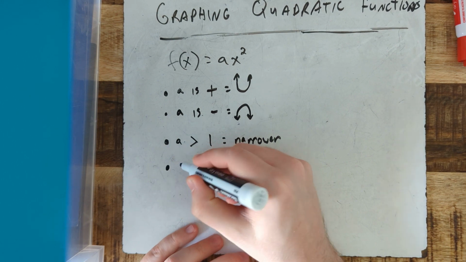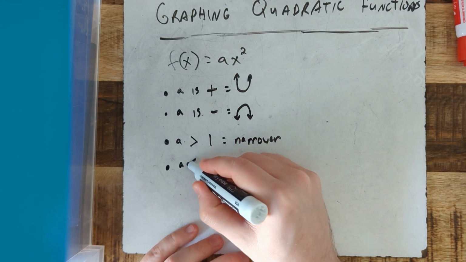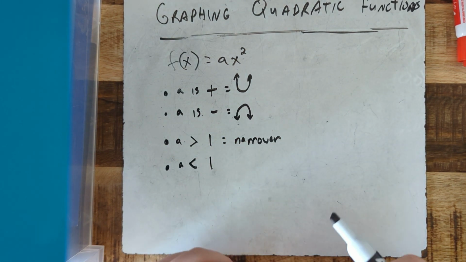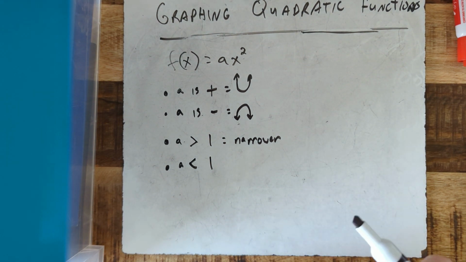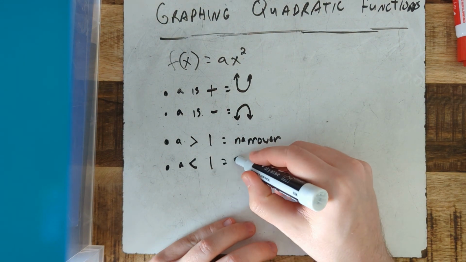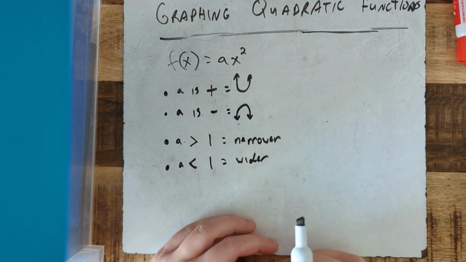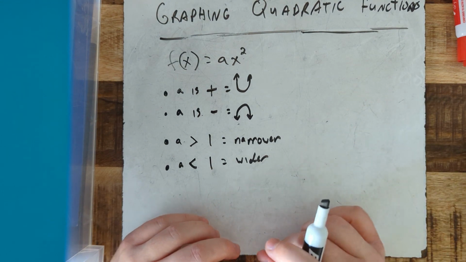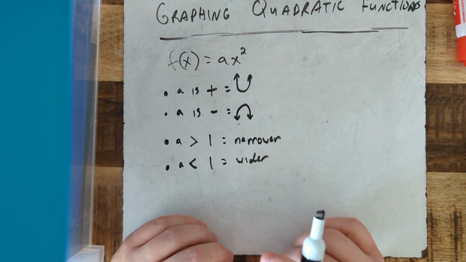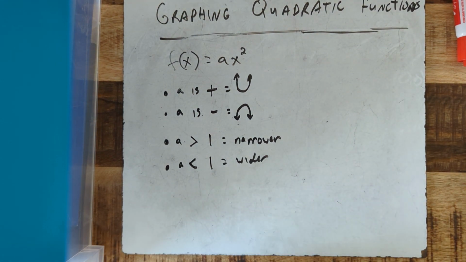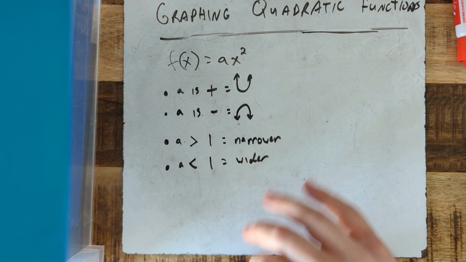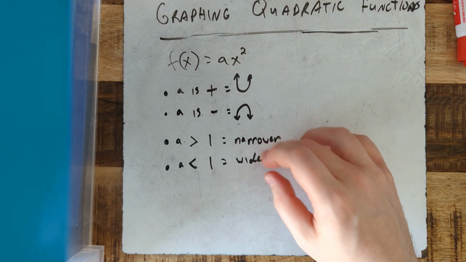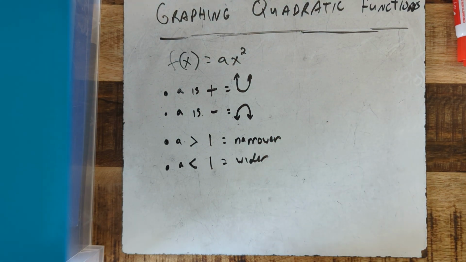And vice versa, if your number is less than 1, so if you have a fraction or a decimal that's less than 1, like a 0.5 or 0.03 or whatever, your graph is going to be wider. Okay, so it's going to open up wider than normal. Okay, and I'll show you how that works out. And what I'll do is I'll draw a big graph here, and I'll put all 3 graphs. I'll put our parent function, and I'll pick 2 graphs, one that opens wider, one that opens narrower, to kind of show you how that works and how that makes sense, okay?